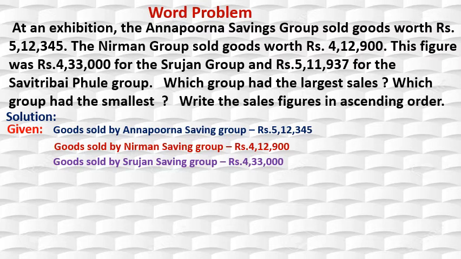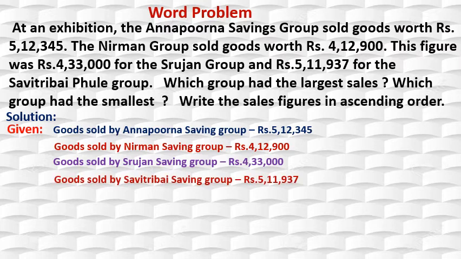Next one, goods sold by Srujan Saving Group, that is rupees 4,33,000. Last one is goods sold by Savitribai Phule Saving Group, rupees 5,11,937. Yes, dear students, now we have written here whatever is given in the problem. Okay, that is over. Now we will move to the question.